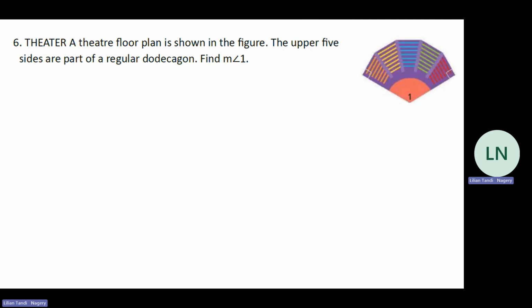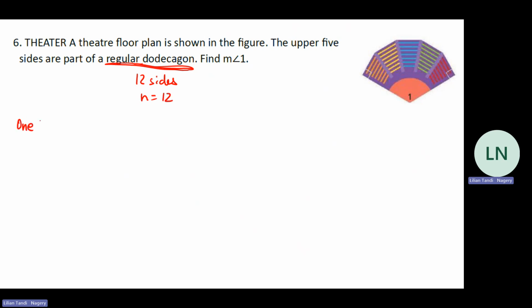All right. The theater floor plan is shown by the figure. The upper 5 sides are part of a dodecagon. Okay? So dodecagon means, and it's regular, dodecagon means 12 sides. N is 12. So let's find one angle of a dodecagon.